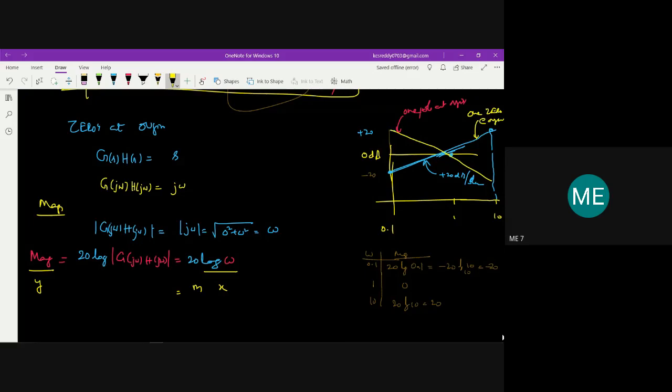So these are the two differences which you can get to know now. In the previous case we drew a decreasing slope, and for zeros in the open loop transfer function, it is in the increasing mode.